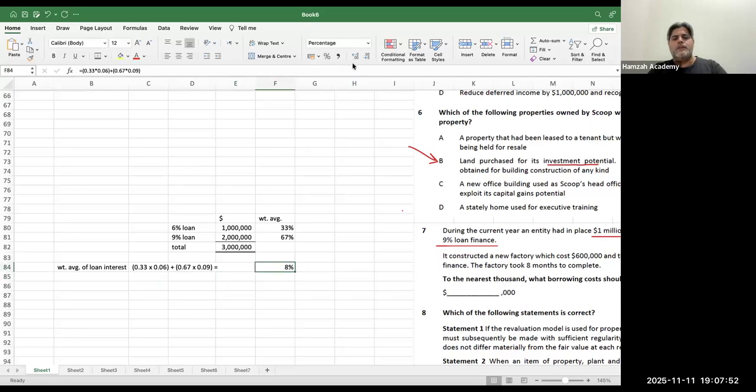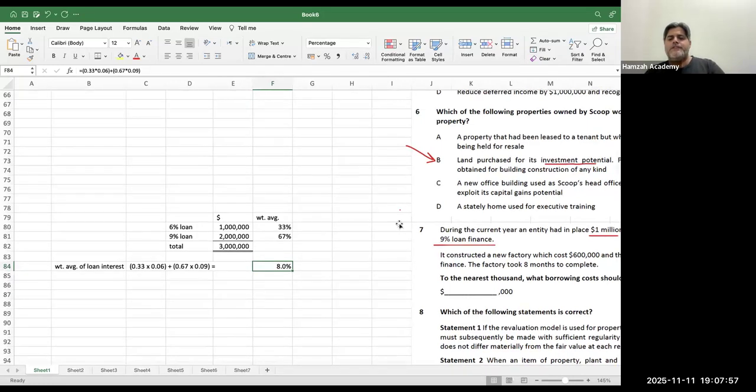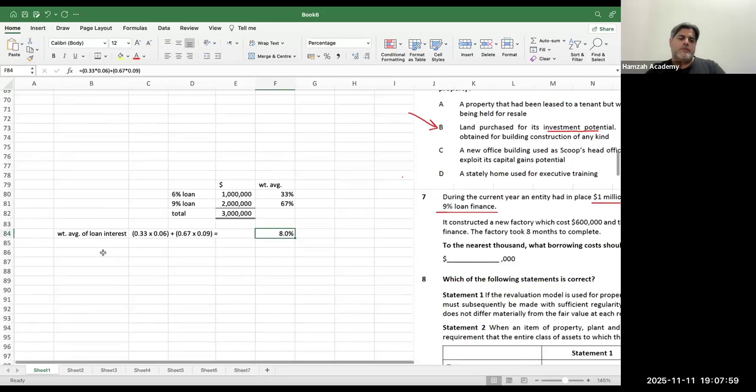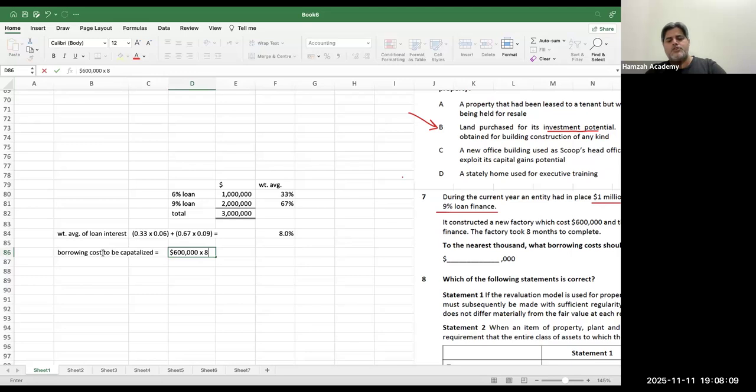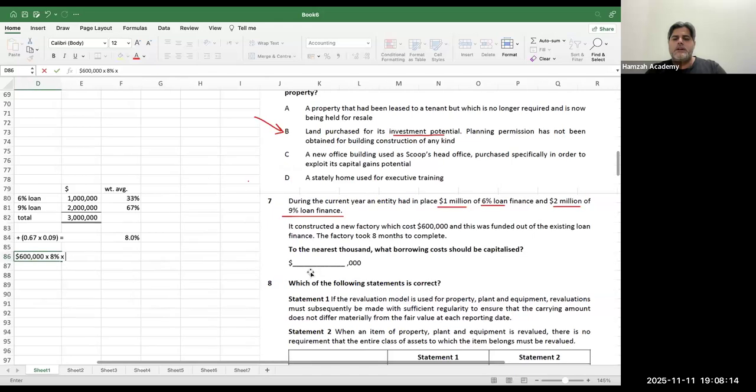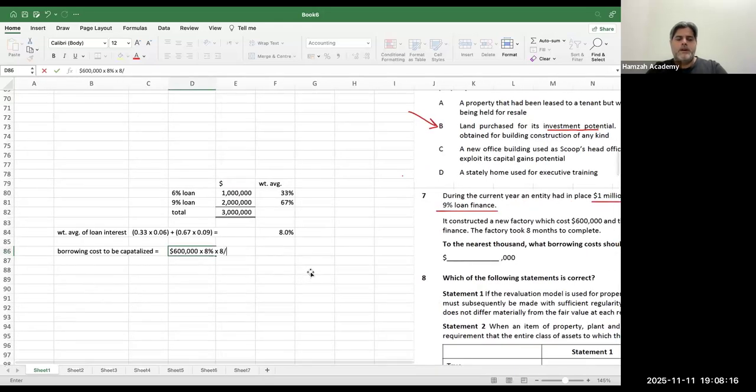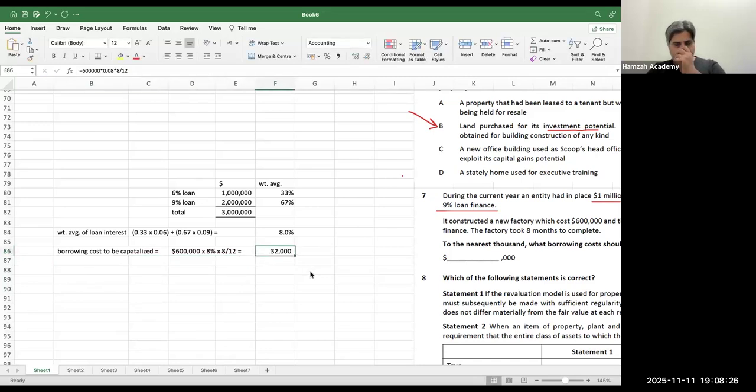So that's going to be 8%, almost 8%, right? So it considered a factory which cost 600,000. So the borrowing cost to be capitalized is 600,000 into 8% into how many times the factory took? 8 months. 8 by 12. 32,000 over here, right?